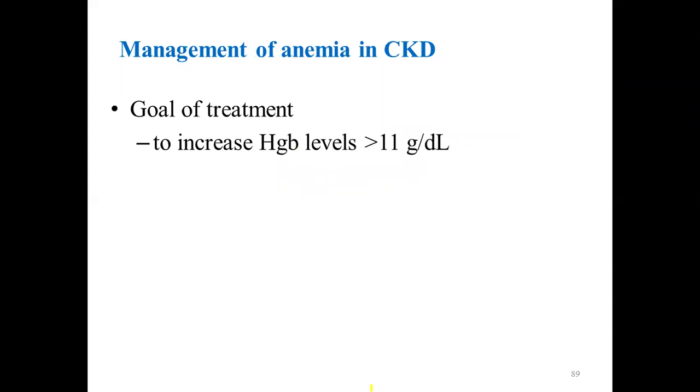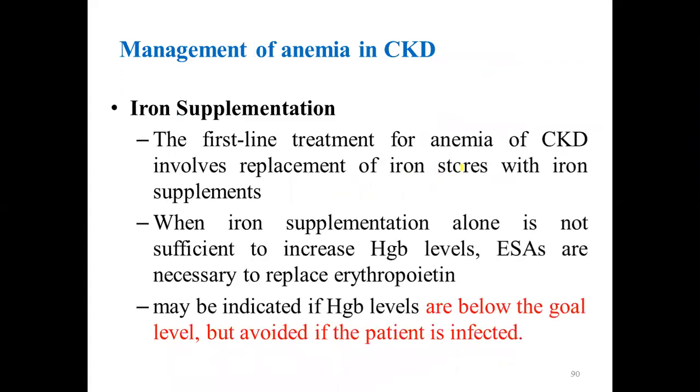So what is the goal of managing anemia in CKD patients? As much as possible, we need to increase the hemoglobin level above 11 grams per deciliter. So how do we manage anemia in CKD patients? Remember, in a CKD patient, iron supplementation is the front line in the treatment of anemia.